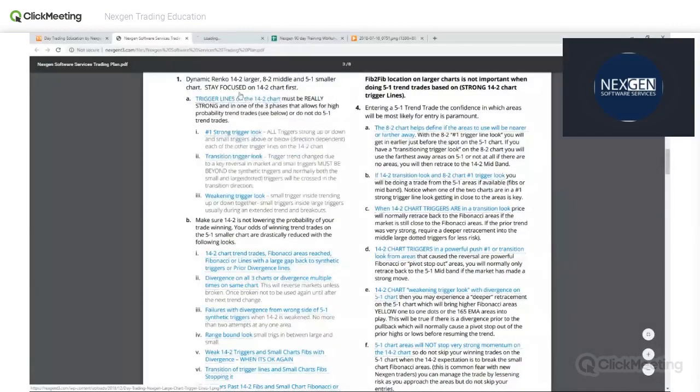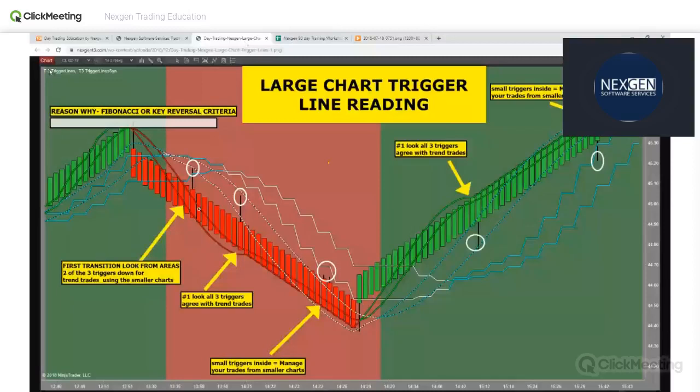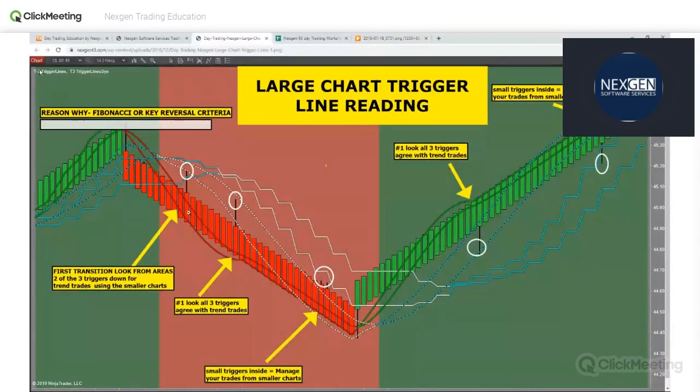And the patterns start with the trigger lines. And again, this is flexible, but it's very rigid, right? The triggers, we never know what the triggers are going to do, right? Whether they're going to keep going, whether they're going to stop, whether they're going to reverse, whether they're not going to reverse.